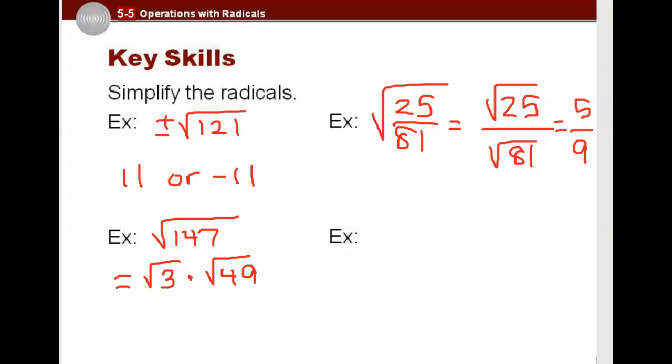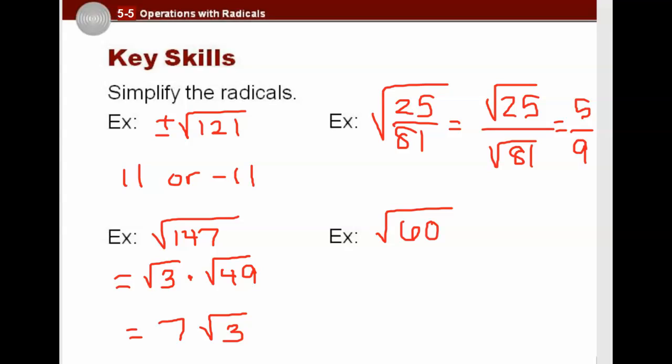The square root of 49 is 7. 3 is prime, so it doesn't simplify. You always write the whole number outside the square root first. So this becomes 7 square roots of 3. So the square root of 147 simplifies to 7 square roots of 3.